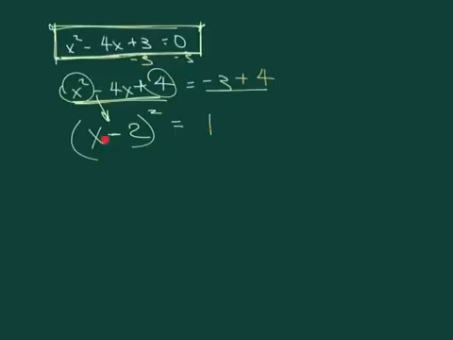Alright, so now we're still trying to find x, right? And this is what we have here: x minus 2, the quantity squared, equals 1. How do I get rid of an exponent of 2? Remember that? We did that a lot in the last chapter. You take the square root of both sides, and that gets a plus or minus. And then this all goes away, right? Okay, what is the square root of 1? 1.